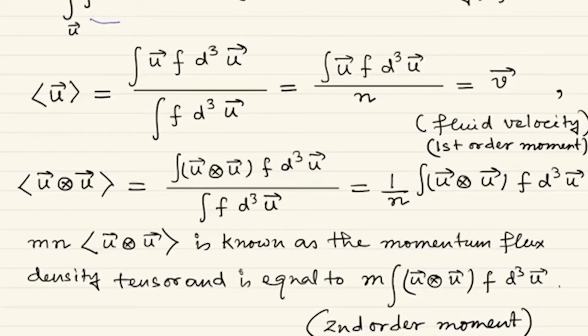So mass density times u square, you can easily understand this is something like volume density of energy. And you can check in the standard literature, this is known as the momentum flux density tensor.